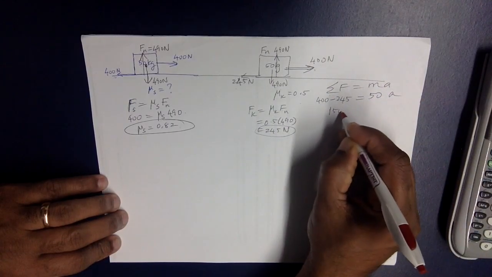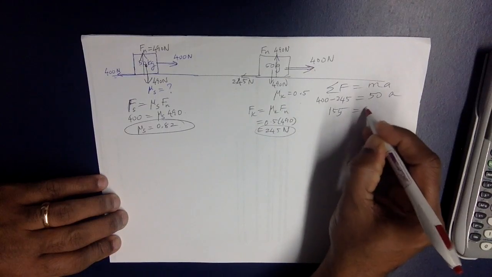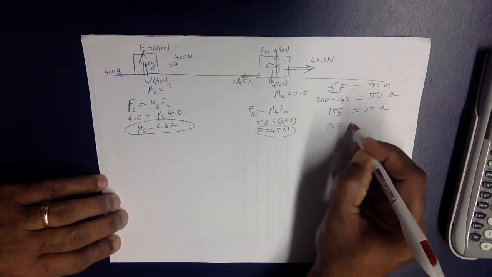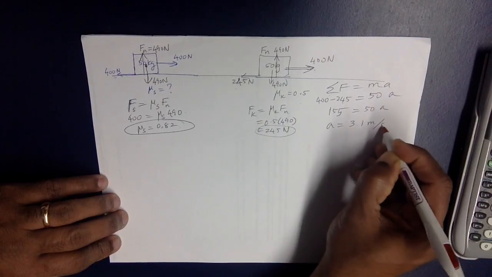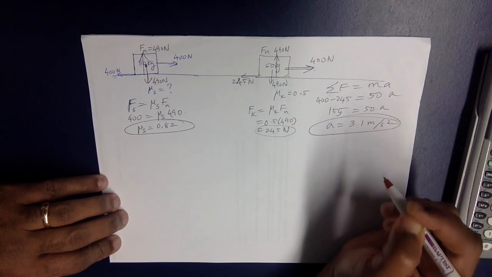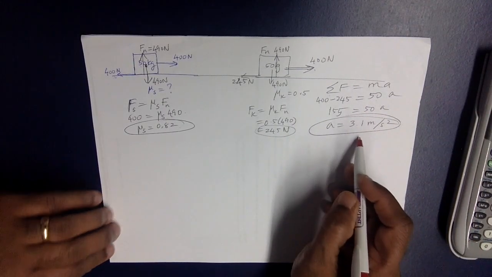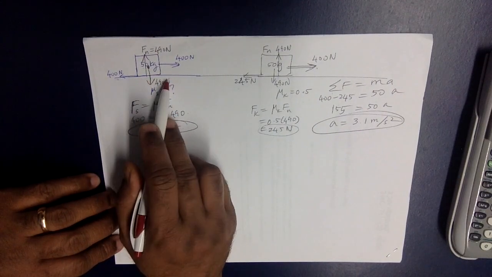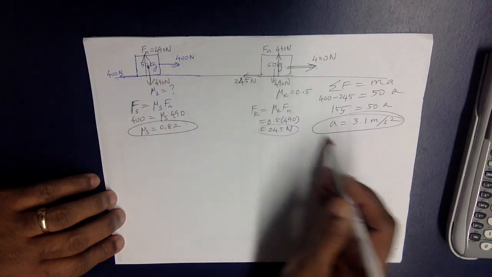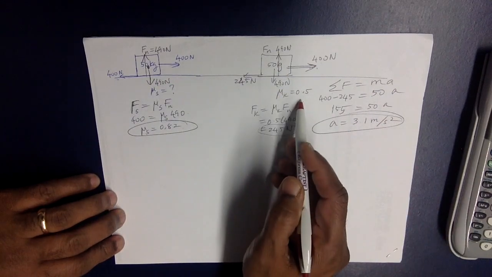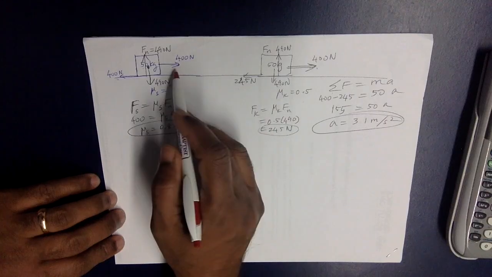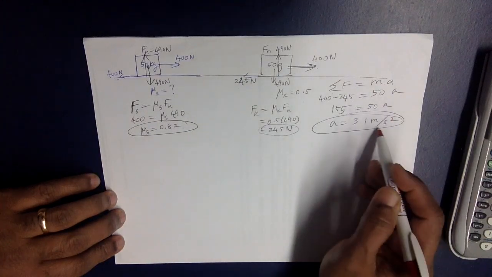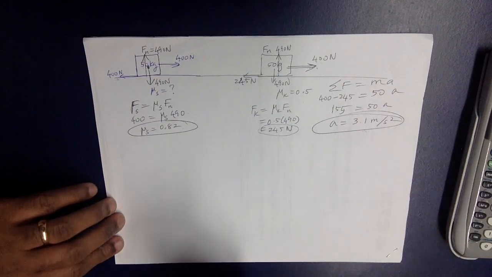So it's 155 is equal to 50a, and acceleration is 3.1 meters per second square. So this is something that you should be able to understand. You apply a force to just set it in motion, then after that it is going to accelerate because the coefficient of kinetic friction is smaller, and you keep pushing with the same force, so you end up accelerating the object.